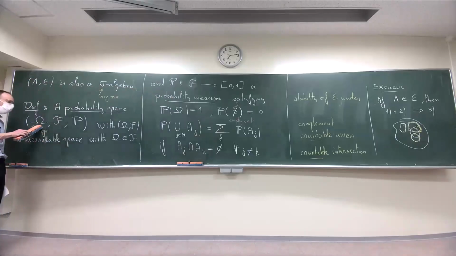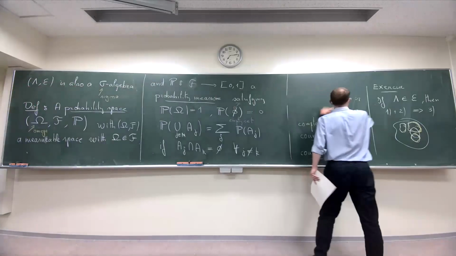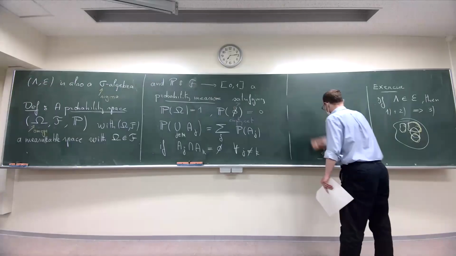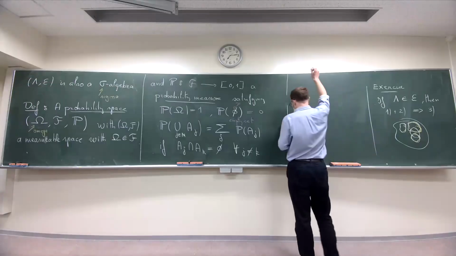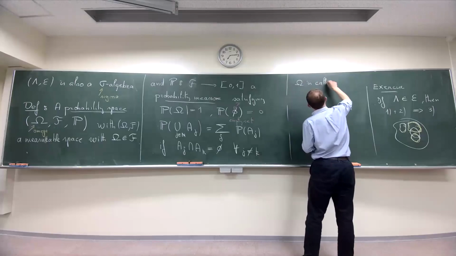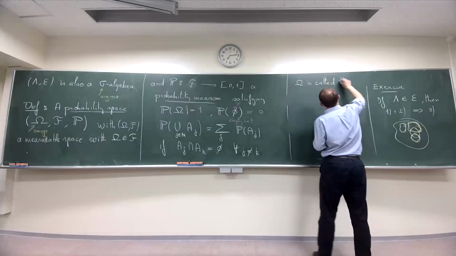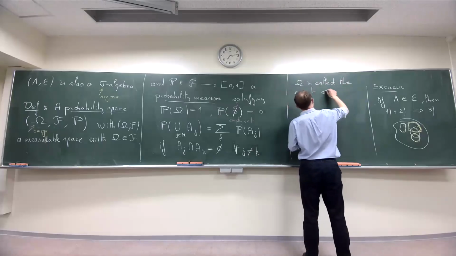You have one set, one family of subsets, which respects some properties, and one way to measure the size or the weight of each of them. And just for the definition still, omega is called event space. It's just a name.